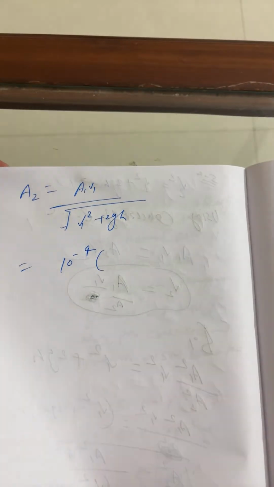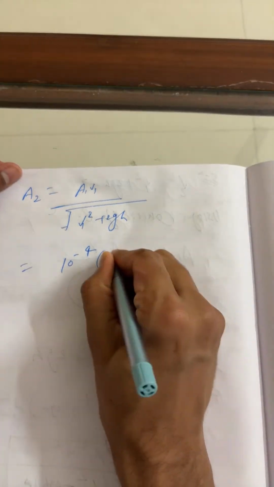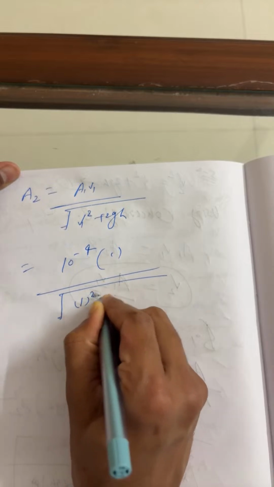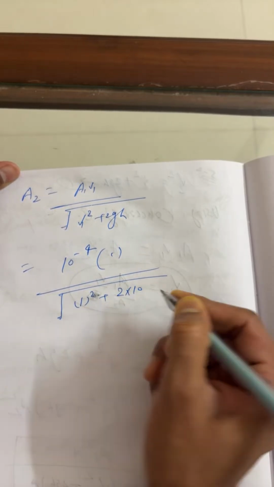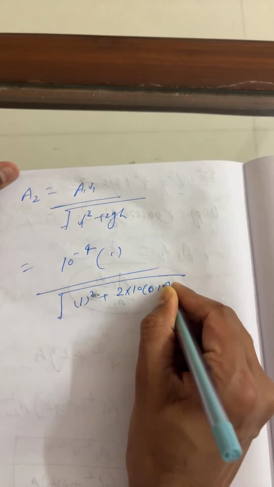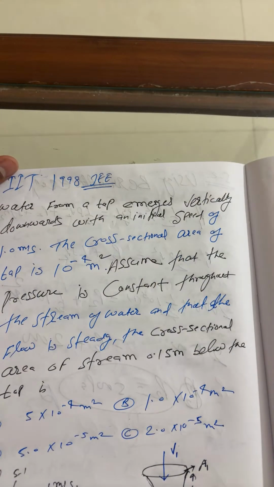V1 is 1. So root of 1 plus 2 into g, you can take 10 here, into 0.15, which is the H mentioned here.